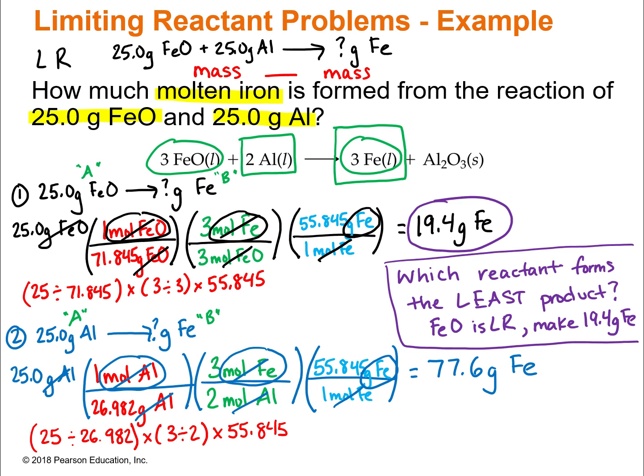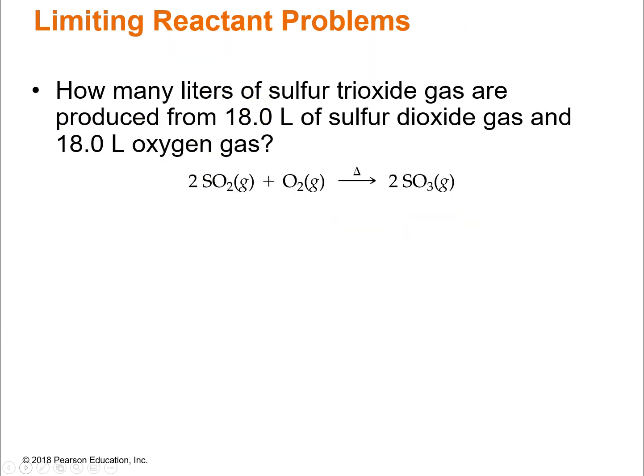So I have one for you to try. It's not a mass-to-mass problem. It's a volume-to-volume problem. So it's a volume-to-volume limiting reactant problem. I want you to try to set it up for yourself. I'll give you about a total of 5 minutes.